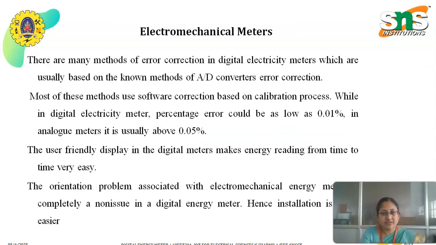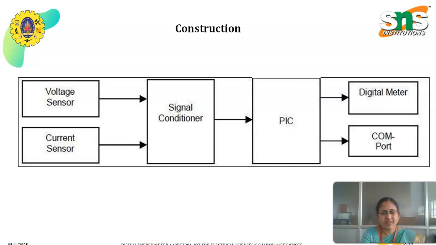The construction of the digital energy meter includes the voltage sensor, current sensor, signal conditioner, peak controller, digital meter, and the communication port. The voltage sensor measures the voltage in the power lines, and the current sensor measures the current utilized.